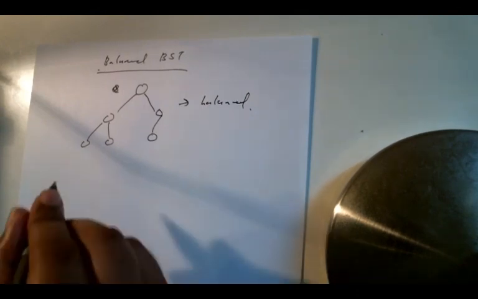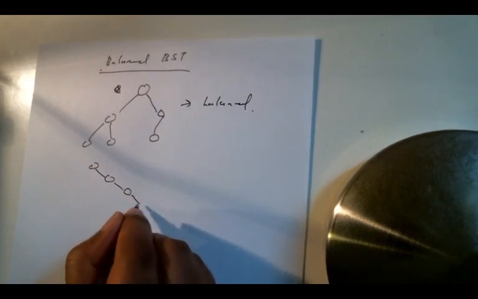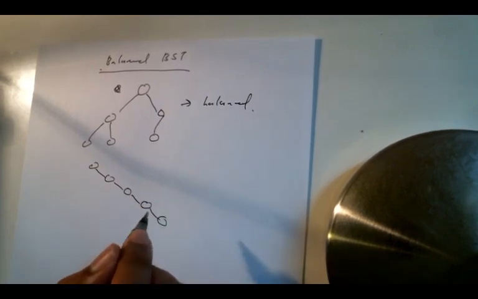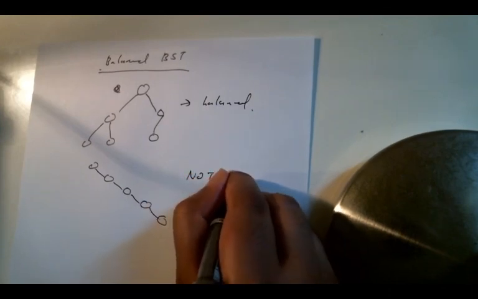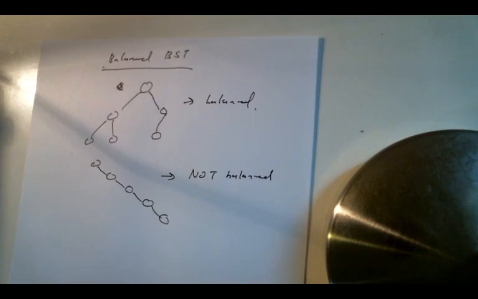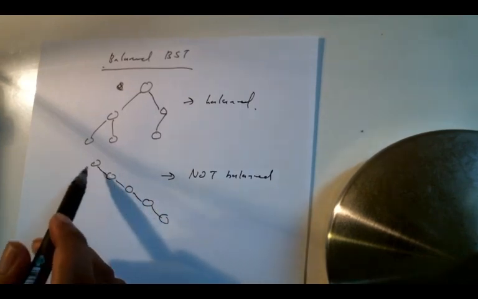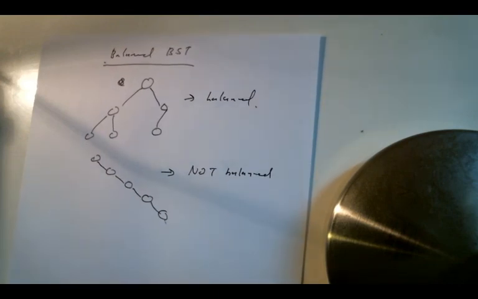Whereas something like this, all right, is not balanced. Why is this not balanced? Well, first of all, it's completely skewed to one side, right? It's not nice and even. But what I mean is that it's going to take a very long time to do an insertion.